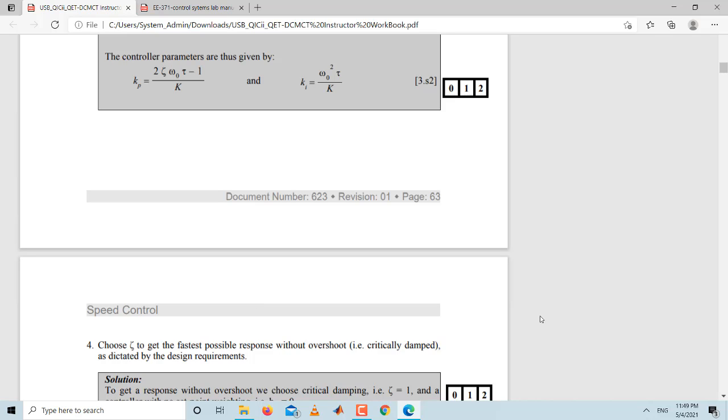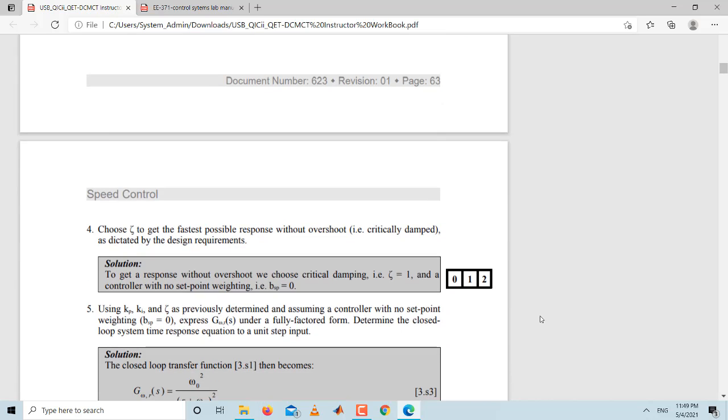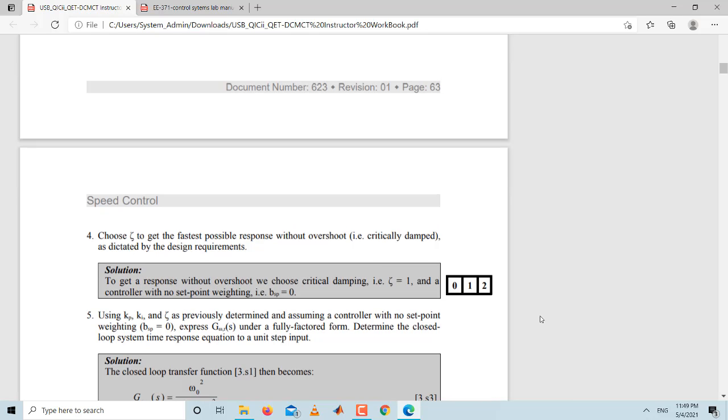You have to choose the value of zeta to get the fastest possible response without overshoot, because this was the requirement in the beginning, that we are going to design our controller with no overshoot in the system, which means that the response should be critically damped. So in order to get a critically damped response, which should not have any overshoot, we need to keep the value of zeta equal to 1.